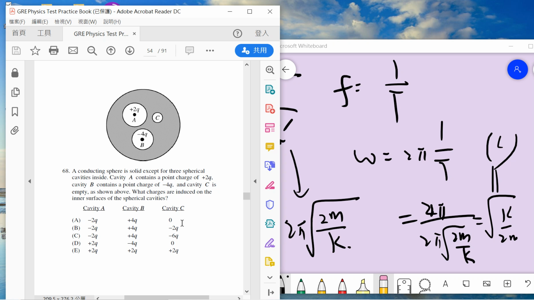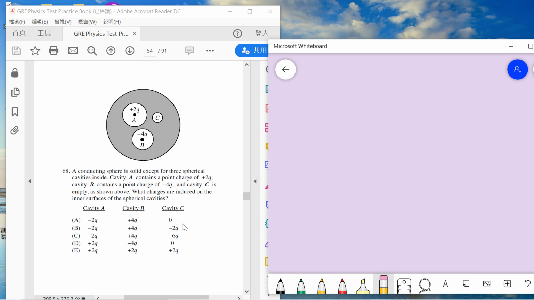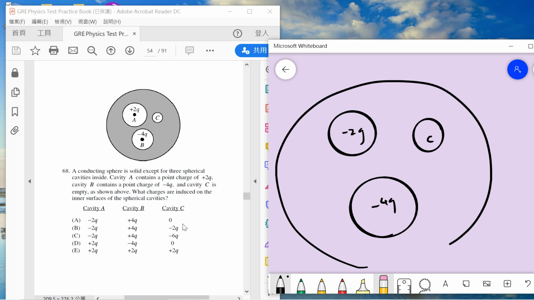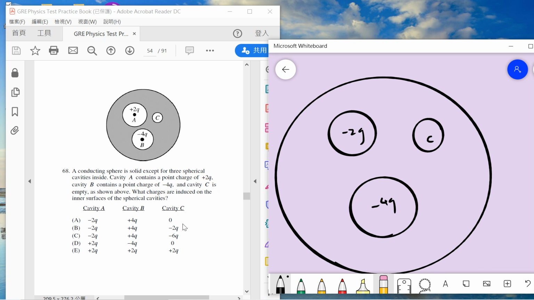Okay, 68. Basically, all you need to know is Gauss's law, and there should be no charge, no electric field, inside the conductor. So the electric field in the conducting sphere is 0.